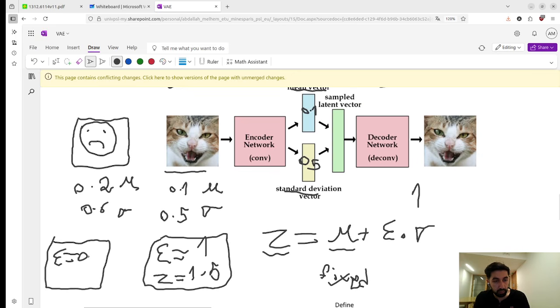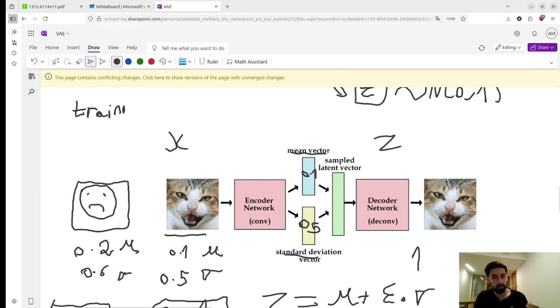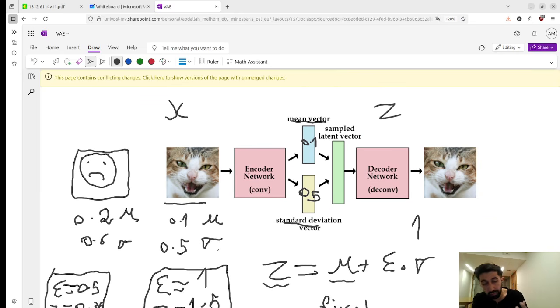Then we'll have 0.1 plus 0.5 times 0.5, which is 0.25, so we get a value of 0.35. So z this time would be equal to 0.35, and 0.35 is very different from 1.5. As you can see, for the same input, we're getting different outputs, and this is a stochastic variable.